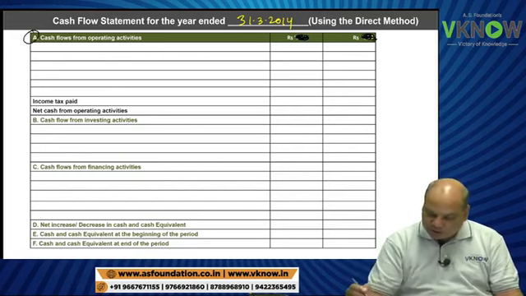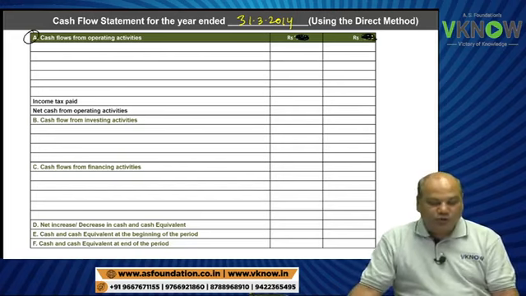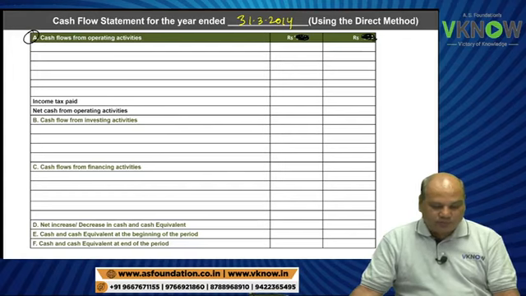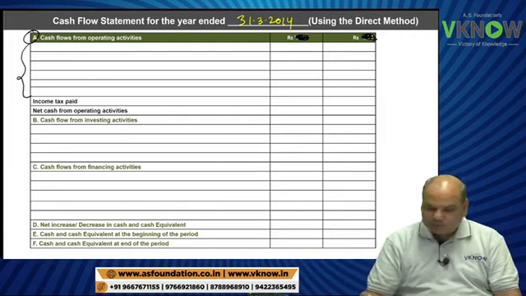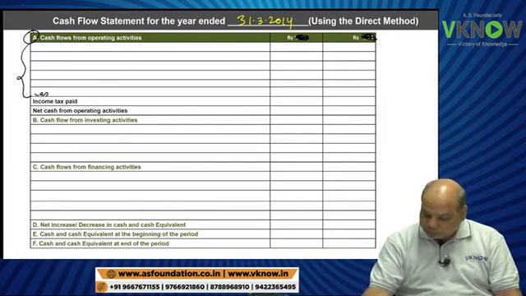First point number A, cash flow from operating activities. First keep about 6 lines blank. Then, after keeping 6 lines blank, write down cash generated from operations.